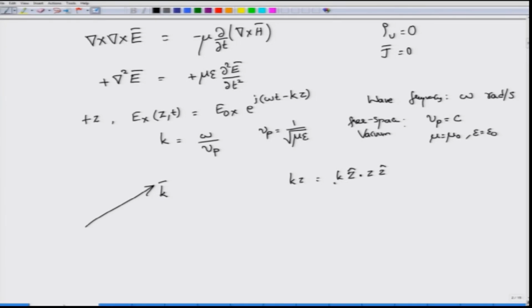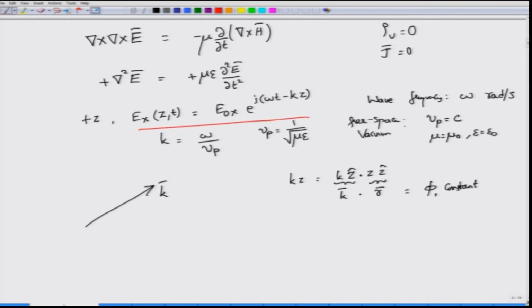This k into z hat would have given me the vector k, right, and z into z hat is nothing but the position vector on a plane. Okay. So, the position vector is r. So, what you are doing is a dot product of k dot r, and wherever this k dot r is equal to some phi and this phi is a constant, these are the constant phase planes. Okay. These constant phase planes in the case of this wave solution are planes.